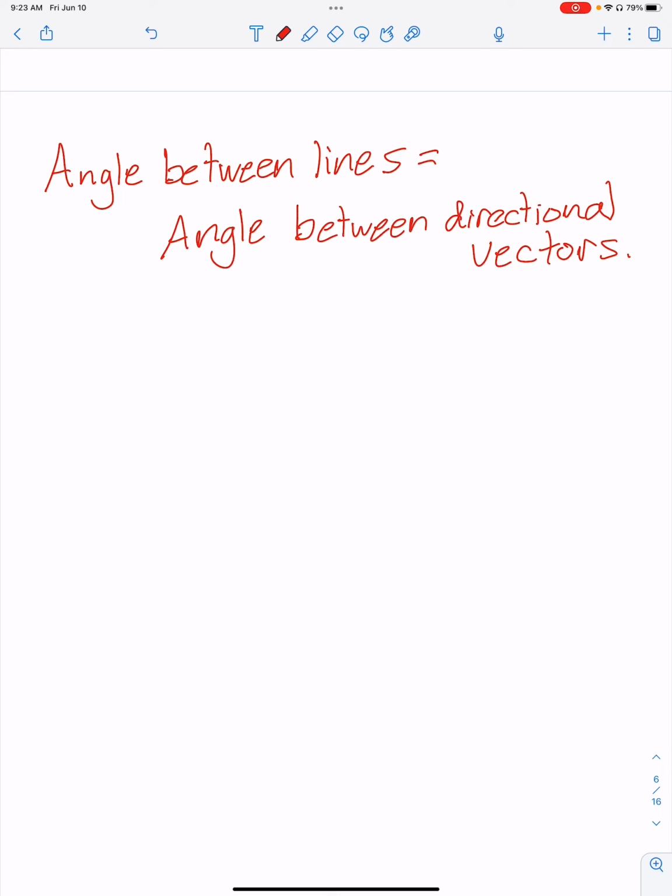Okay, so if I have an angle between vectors, let's recall the definition for this. Cosine of theta equals A dotted with B over the product of the magnitudes of each. There we go. All right, so there is my definition of that. Let me write that a little better.